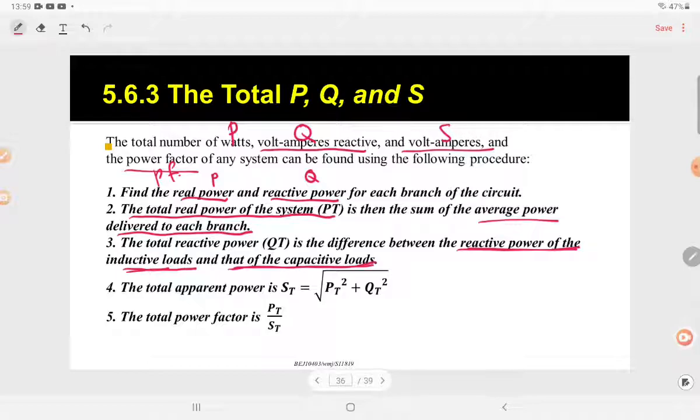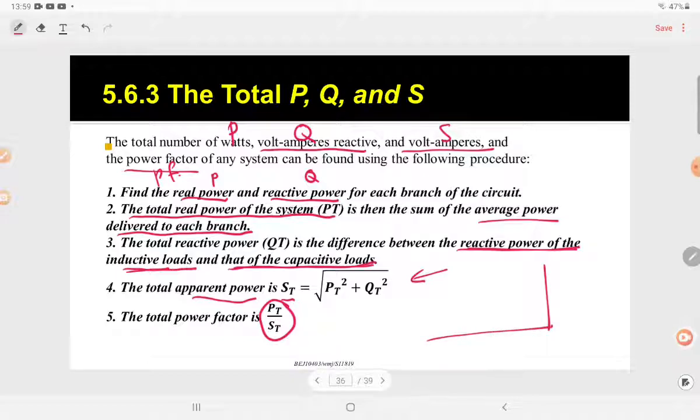And then the last one, to find the total apparent power ST, we use the Pythagorean theorem: ST equals the square root of PT squared plus QT squared. To find the total power factor, we use PT divided by ST, right?